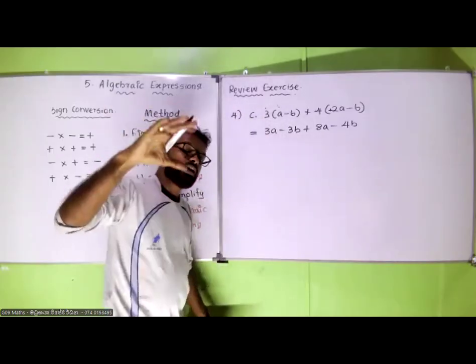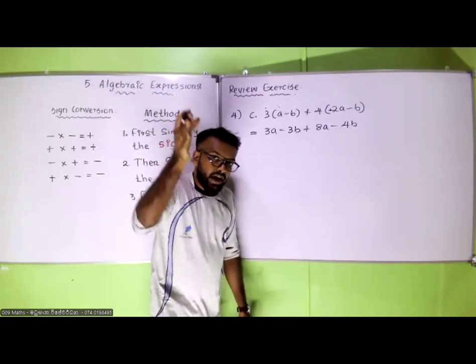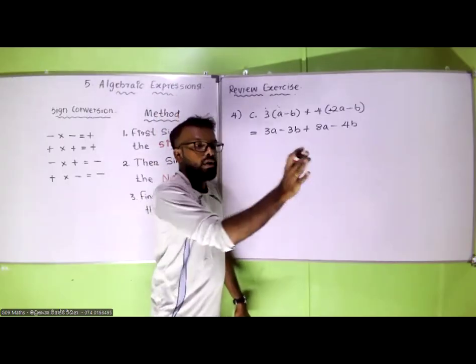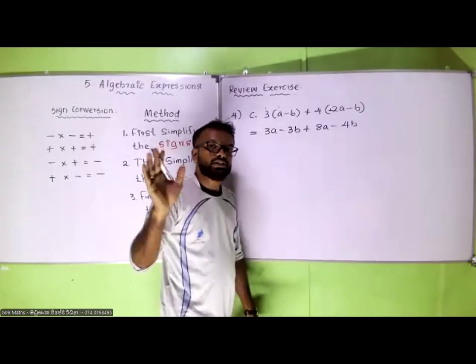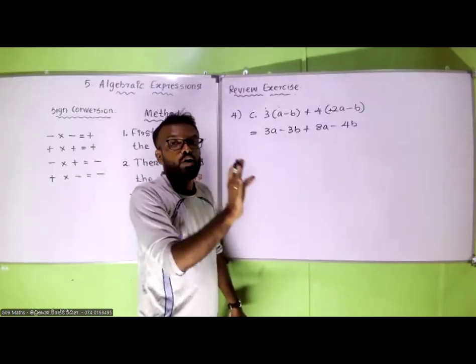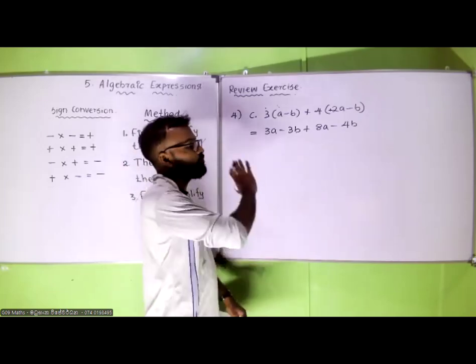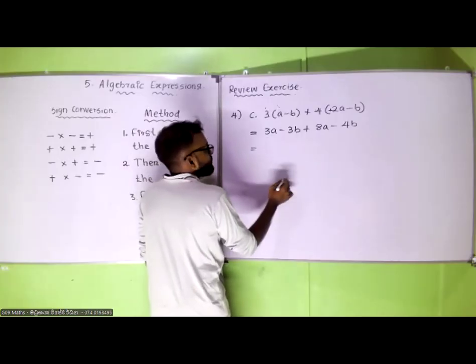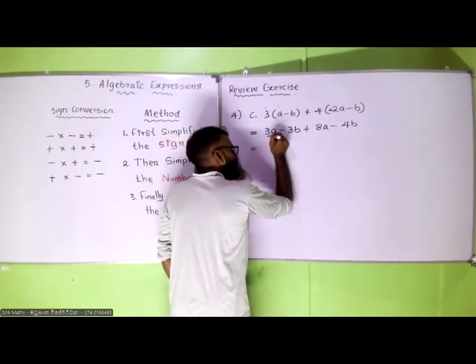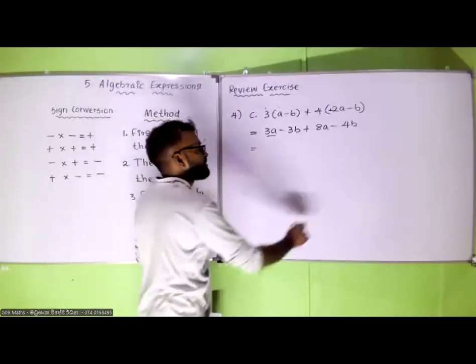Now we are going to find like terms. As I previously said, apple, apple, and banana, banana, and so on. Like terms you have to add or subtract. Unlike terms you have to keep separately. Equal mark. Now this is 3 apples. Are there any apples except these 3 apples? Yes, 8 apples.